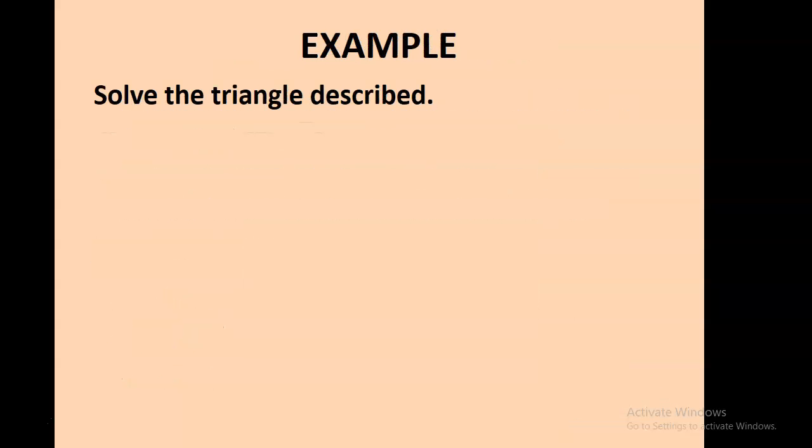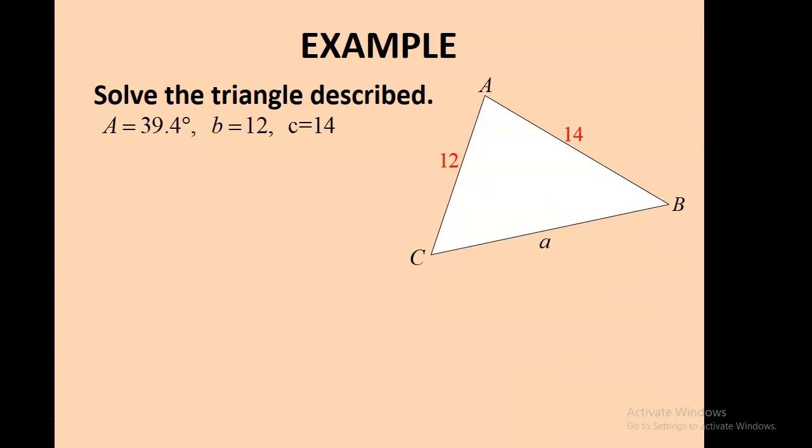Going into an example, we're going to look at a situation here where we have a triangle with an angle A that's 39.4 degrees. Side B, the side across from angle B, is 12, and side C is 14, the side across from angle C. And if you try and go with the law of sines here, you'll find, based on what we've learned so far, the angle here, angle A, you would say sine of 39.4 over A would be equal to the sine of B over 12.